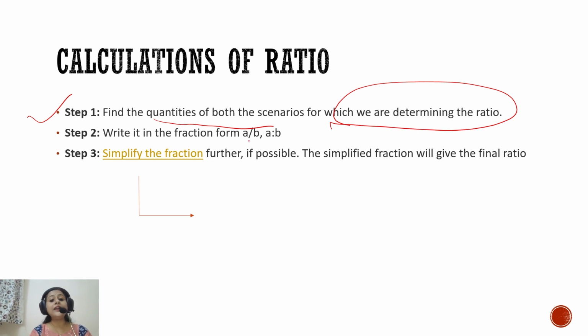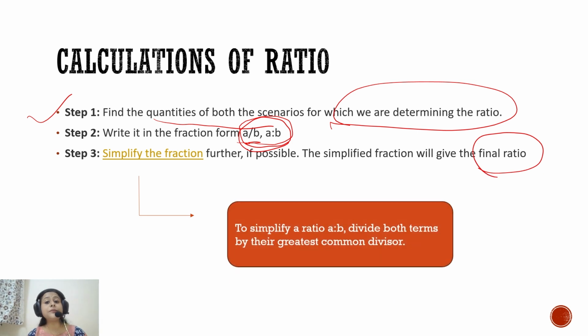Then you have to write it in this format: either one part is to second part, antecedent is to consequent, or just as mentioned here, A by B, first part by second part. That also represents a ratio. Then if you can further simplify it by dividing by its greatest common divisor, you do the simplification and you will reach the final ratio.